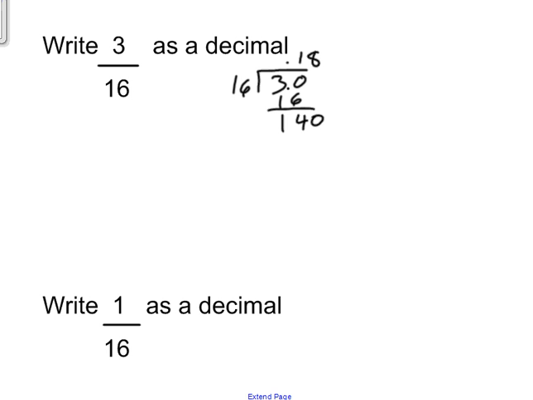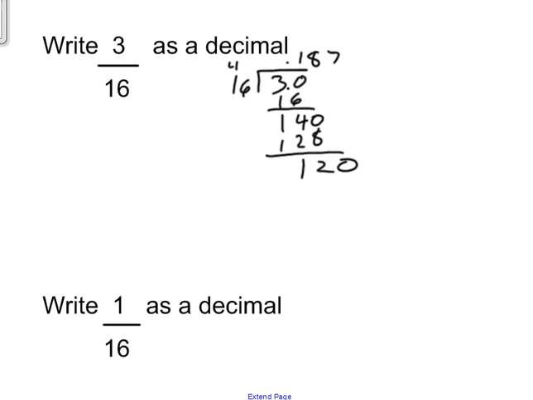Let's try 8. 8 times 6 would be 48. Carry the 4. 8 times 1 would be 128. That looks like it'll work. 140 minus 128 is 12. 16 will go into 120, 7 times.